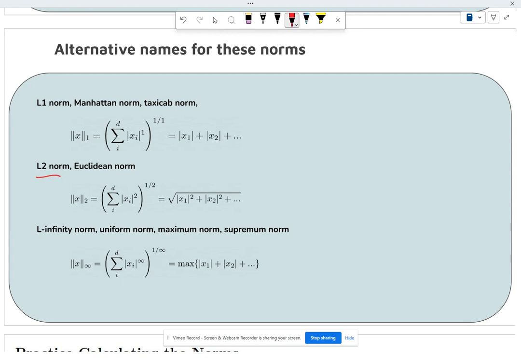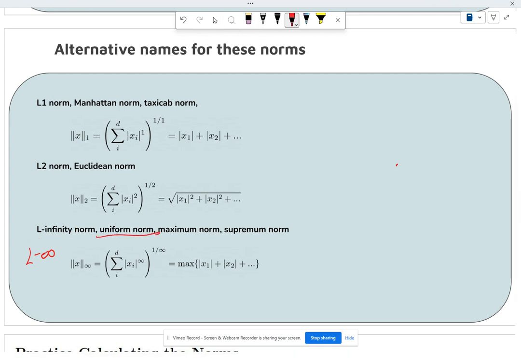Another one for the L2 norm, its more common name is the Euclidean norm. In geometry, you call it the hypotenuse, but that's only 2 dimensions. The Euclidean norm is for any dimension. And the last one is the L infinity norm, also written as this.